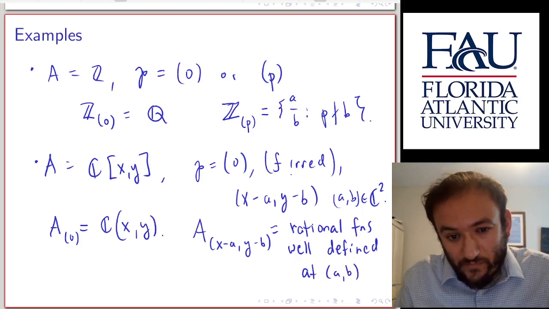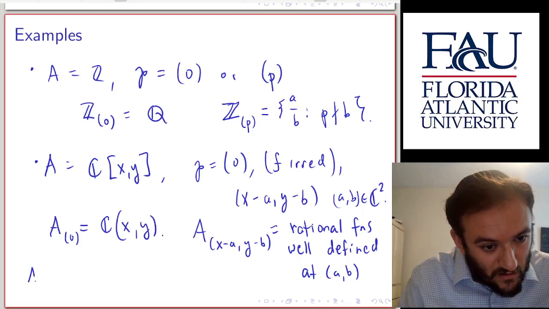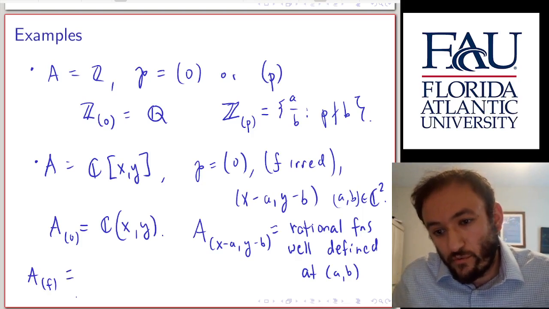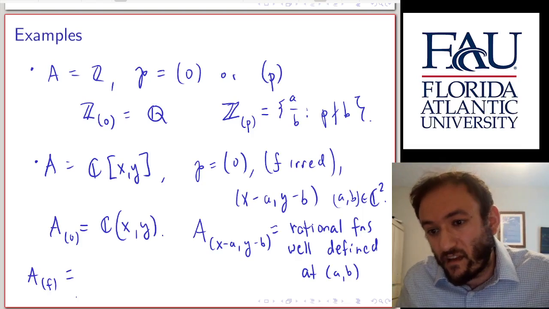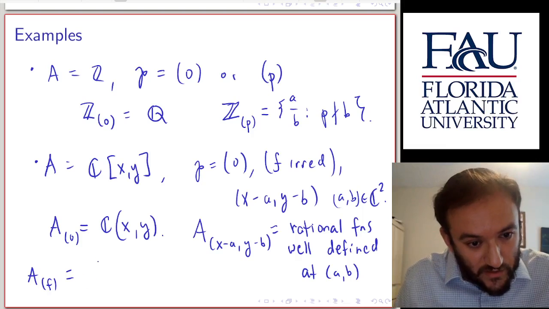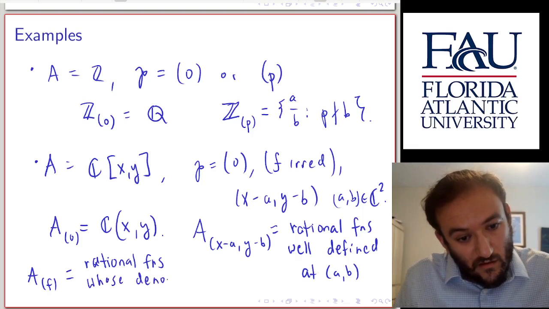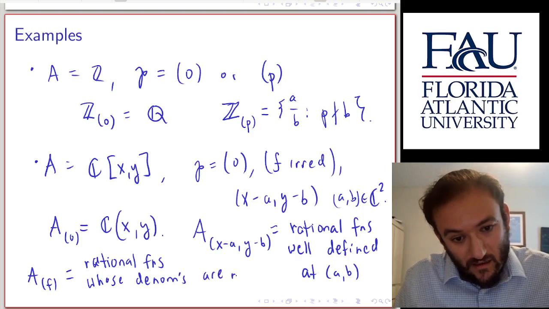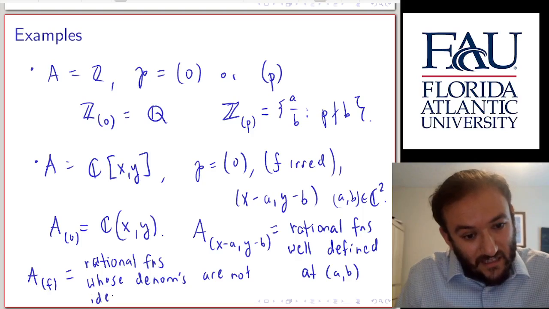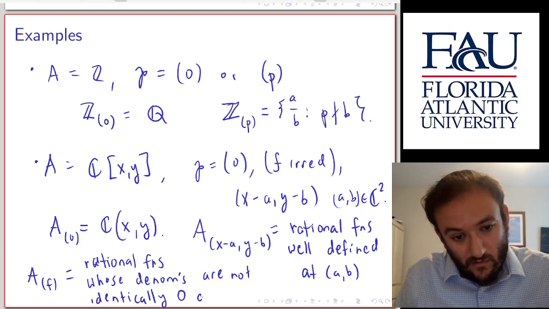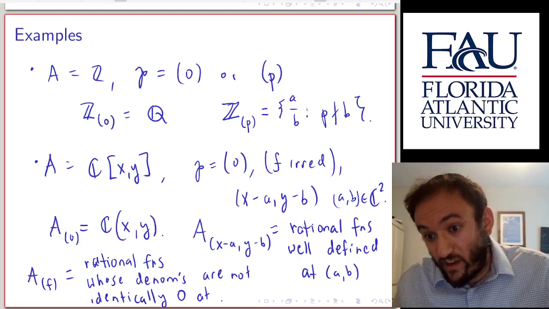As for the other one, f irreducible, it's a bit trickier. Now you're allowed to invert everything that's not a multiple of this polynomial. So you can think about this as rational functions whose denominators are not identically 0 on the curve defined by f(x, y) equals 0.